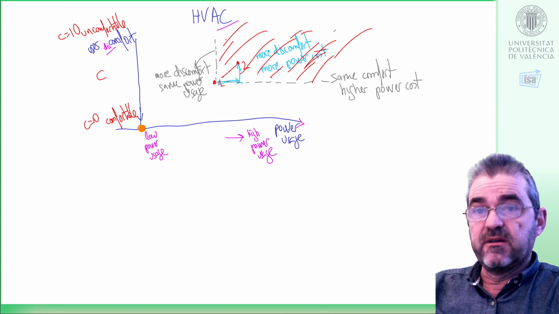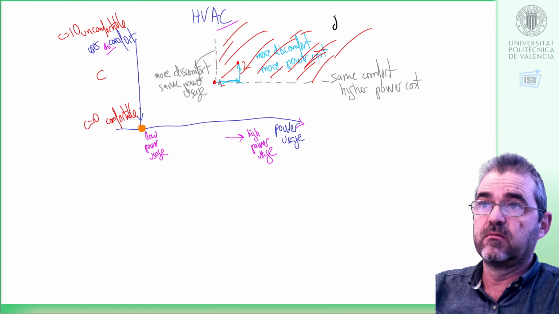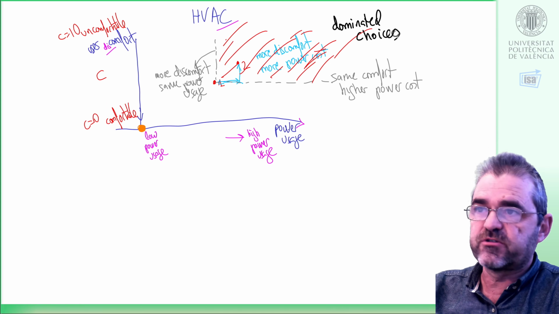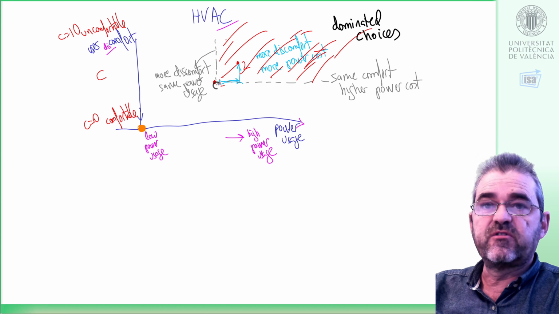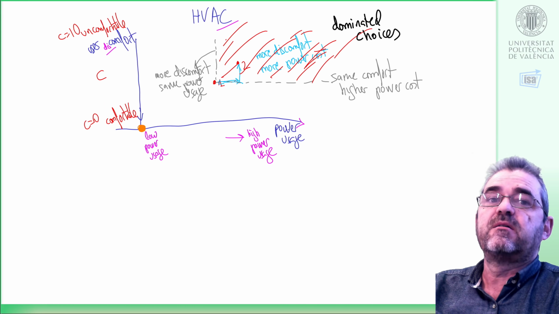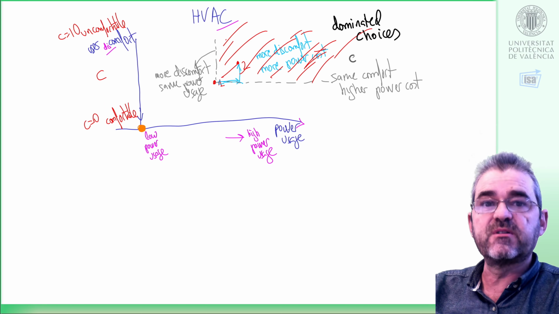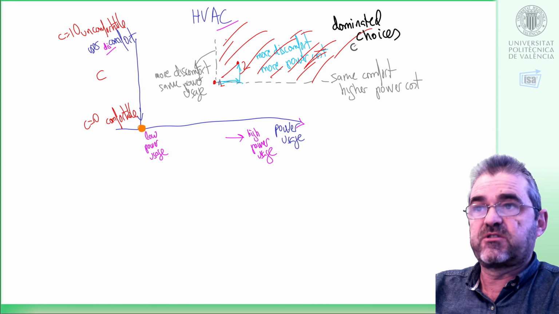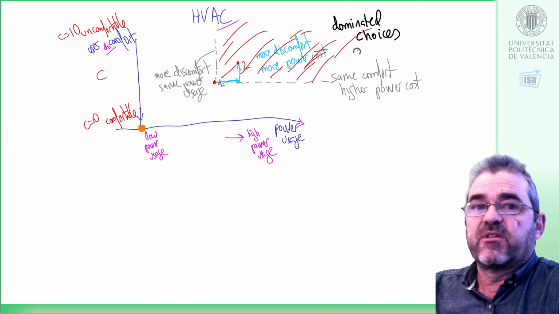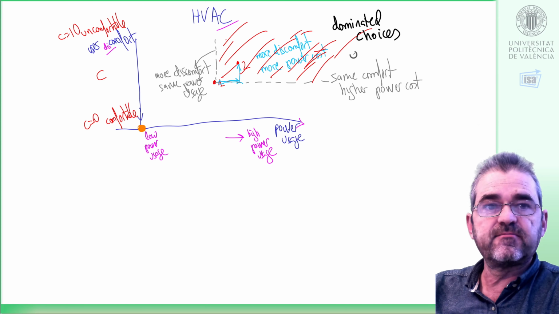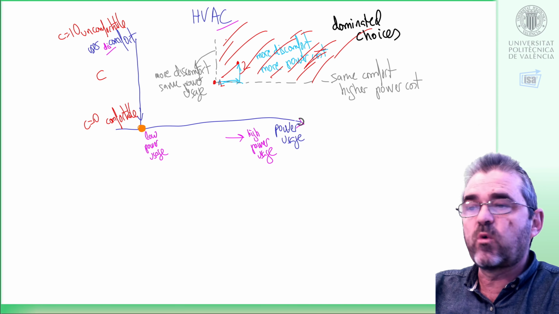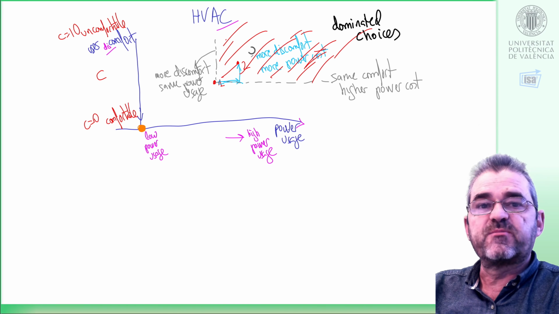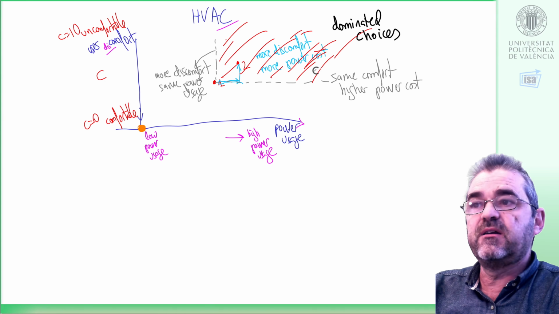These solutions in the red region are called dominated choices, dominated solutions, in the sense that if 1 is a valid design option for my operating point, then I would not choose any operating point in the red zone, even if it's technologically feasible, because everybody understands that it would be nonsense choosing 2 instead of 1. So this is what these conflicting requirements mean, and the concept of dominated choices in a multi-criterion decision problem.